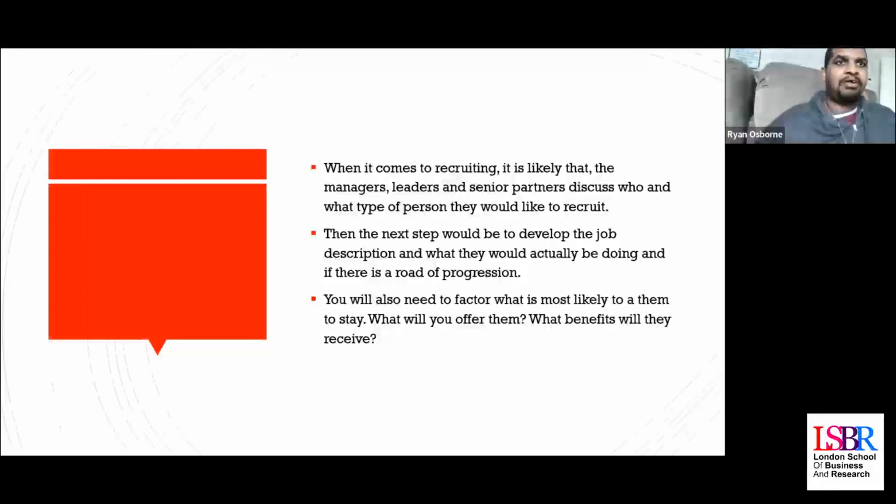So if we think of the NHS, you'll have managers, leaders, and senior partners within the NHS. They will come together and discuss what type of person they would like to recruit. So let's look at that for a minute.